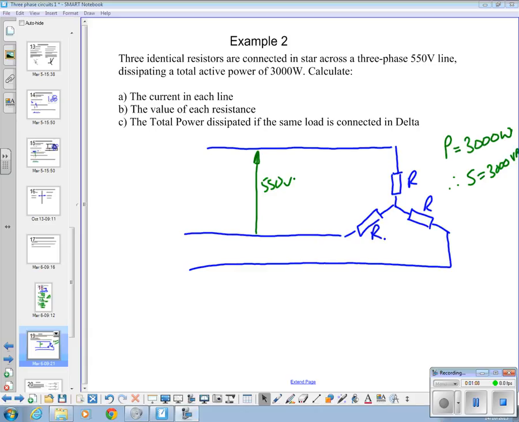Alright, we're talking per resistance. So, the question first of all is asking what the current is in the line.